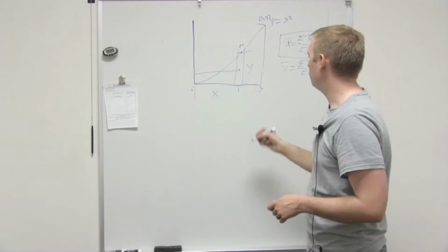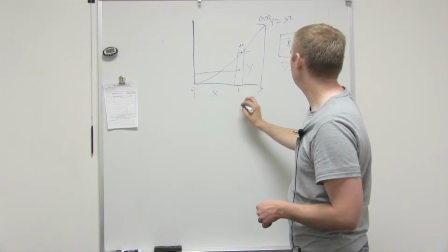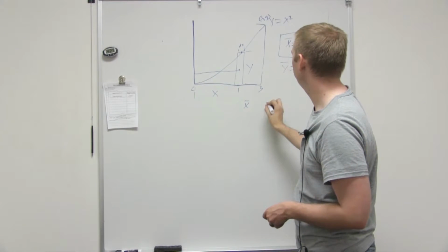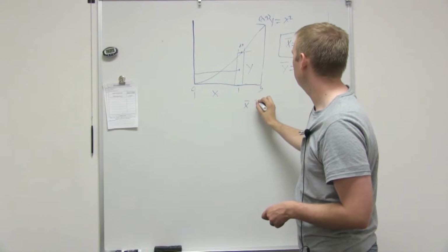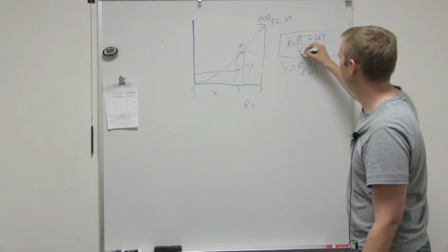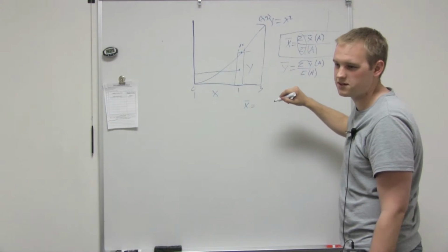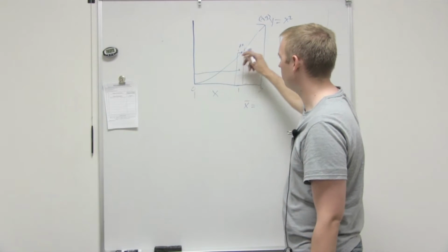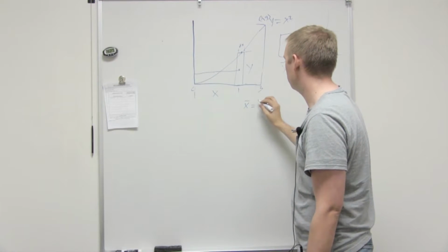Now you can set up your x bar equation. How do you do a summation? Integrals. We're just going to add up all these little elements.